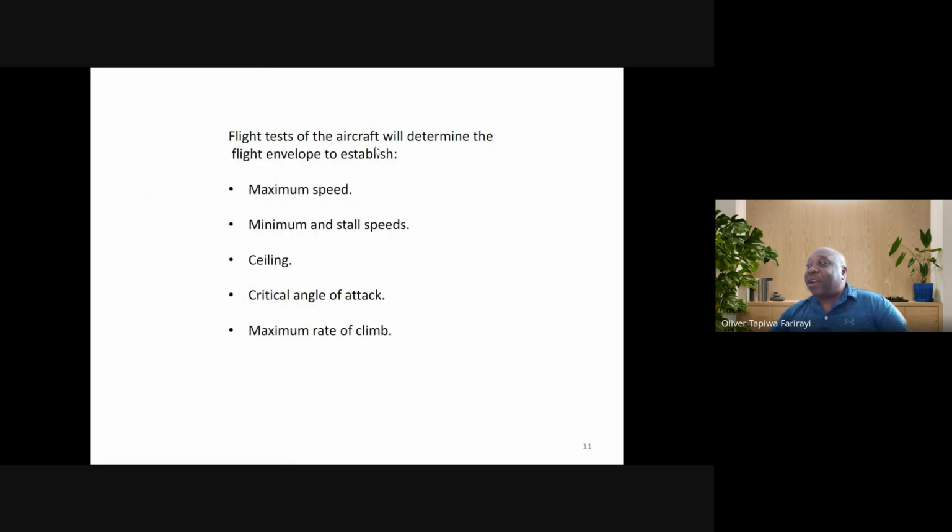Flight tests for the aircraft will determine the flight envelope to establish maximum speed, minimum and stall speeds, the ceiling, then the critical angle of attack, then the maximum rate of climb. Let's look at those last two. Critical angle of attack.